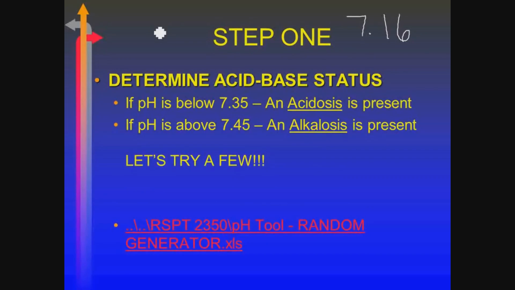Acidosis. Is it a respiratory acidosis or a metabolic? I don't know. All I know is that I have an acidosis. 7.6. That's an alkalosis. Okay. It's the easy first step.